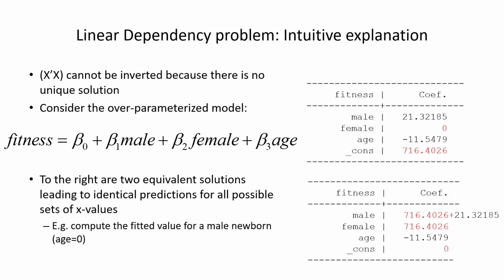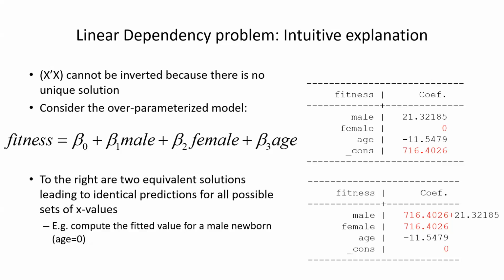So specifically, what happens is the model is over-parameterized. It has one more parameter than it needs. And we have more than one solution. So the solution is not unique. And here on the right, I have put down two solutions that are completely equivalent with respect to this model.